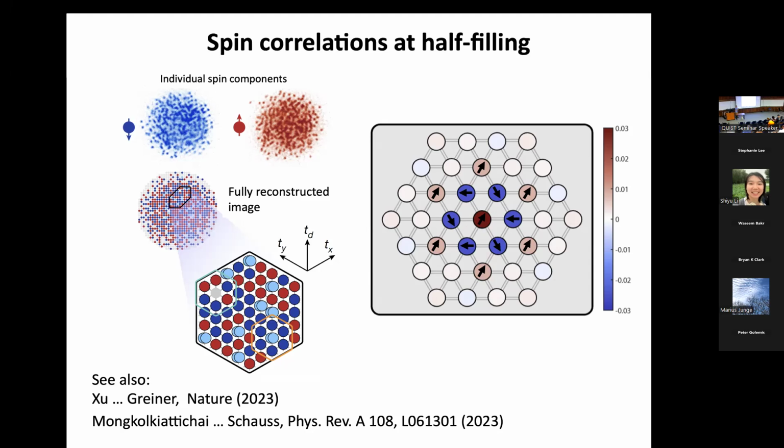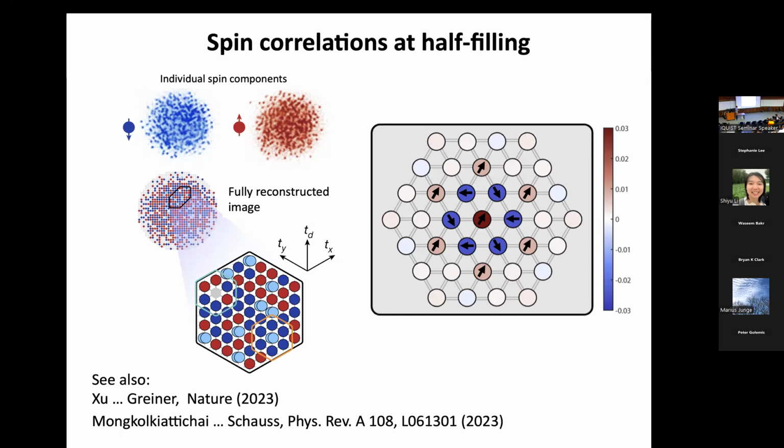So you'd like to have a readout of all these 4 possibilities to get the full information. In our lab, we have an additional thing we do before imaging, a Stern-Gerlach step, where we start with this single 2D system, but we can apply a magnetic field just before imaging to do a Stern-Gerlach separation into 2 separate layers, a layer which has the up spins and a layer which has the down spins.